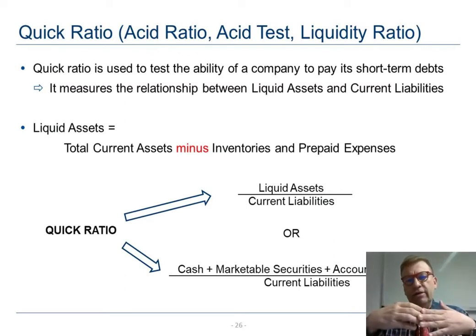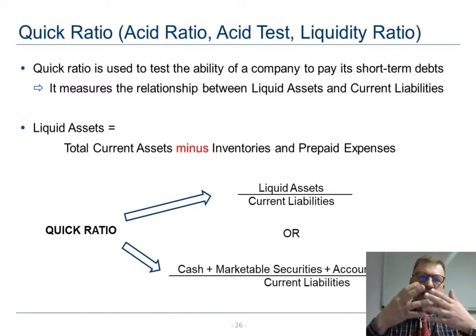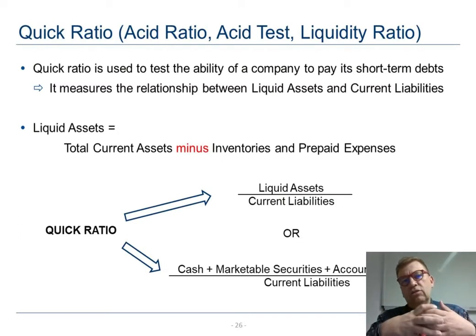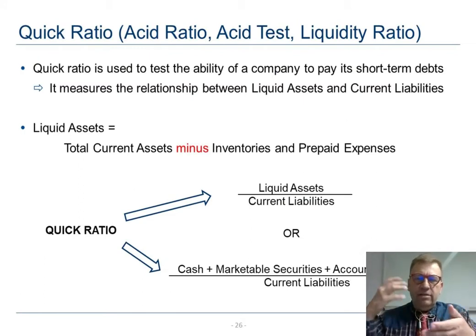Minus inventories, because you remember this was the major problem with interpretation of the current ratio. If there are a lot of inventories, then probably the current ratio does not have so much informational value. Therefore, we take out inventories and prepaid expenses to have liquid assets.